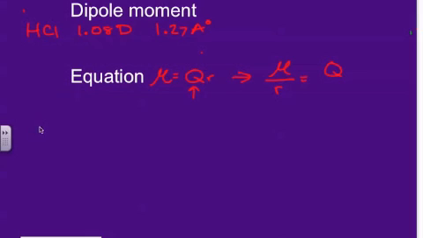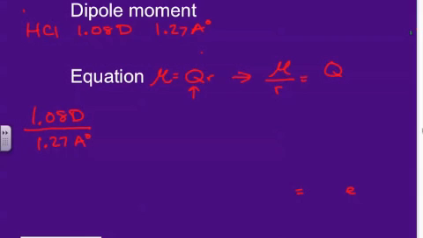So going back, 1.08 D over 1.27 angstroms. Well, if we are looking for Q, we eventually want our answer to be in e's.